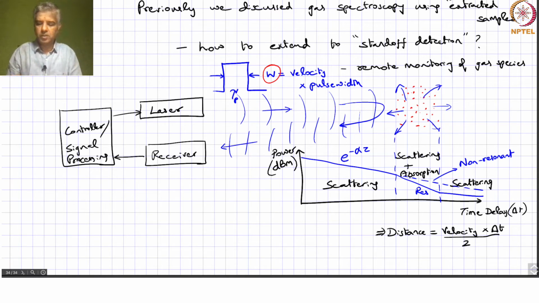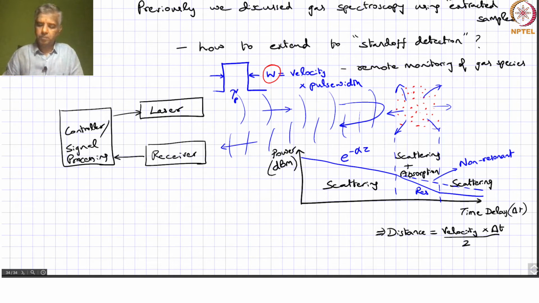If you want to say where this absorption, this cloud of gas is present, then you have to say that divided by 2 corresponds to the single pass distance. That's very, very important to understand. So that's a very nice way of doing absorption spectroscopy at a farther distance.